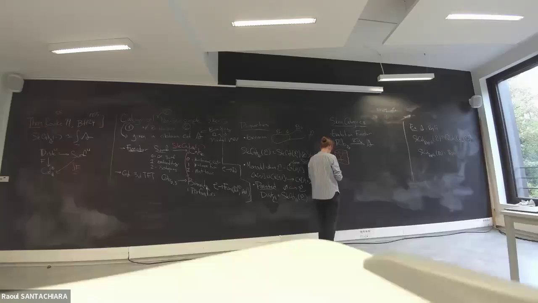What I want is for each edge of the graph to be labeled by some object of my category. I want all the edges to be oriented. And I want at each vertex to have some morphism in my category.